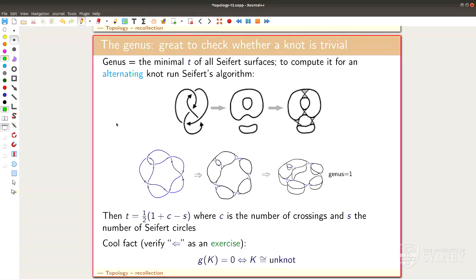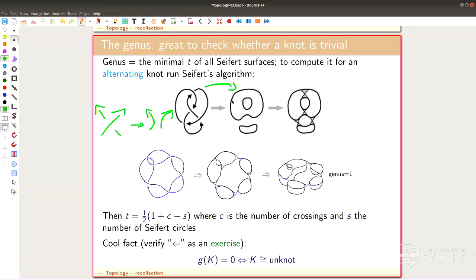The last one that we had is Seifert's algorithm, which really is pretty simple, and it calculates the genus for you. It works as follows. You orient your knot, it has some orientation, something like this, and then you can just get rid of all the crossings by just one simple move, and it simplifies your diagram from a crossing diagram to a circle type diagram.